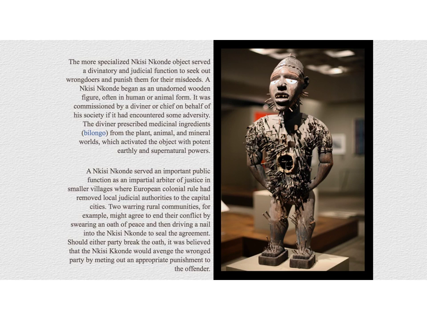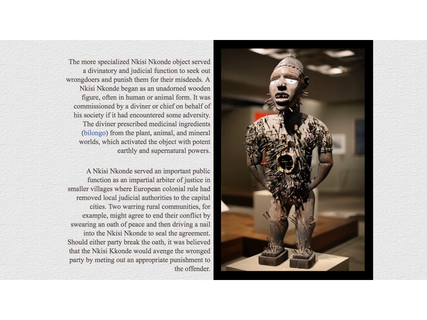They could be from plants, animals, minerals, anything, but things that were thought to have special powers. At first, it's just a wooden figure. When they put these different things into it, bilongo, that helps to activate the power that they believe comes out of the object.